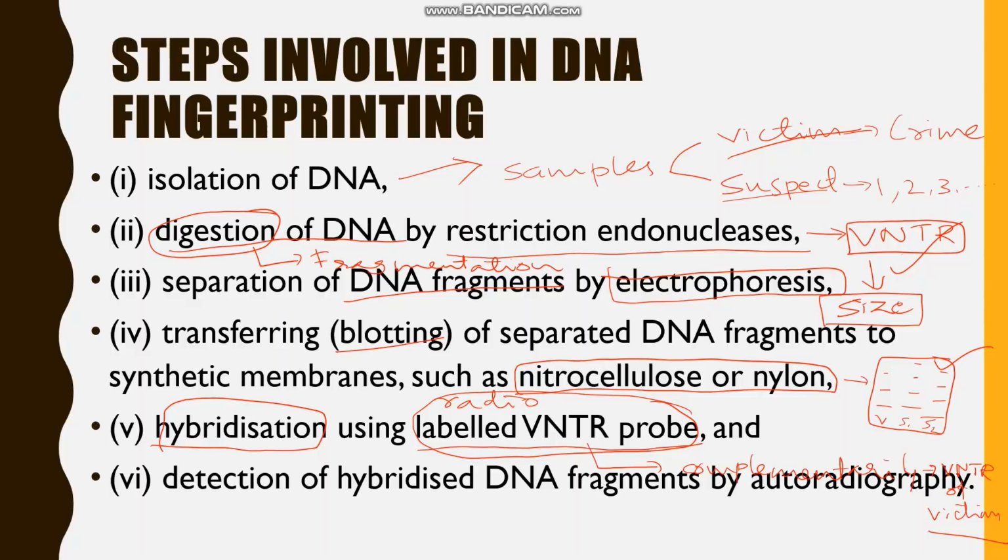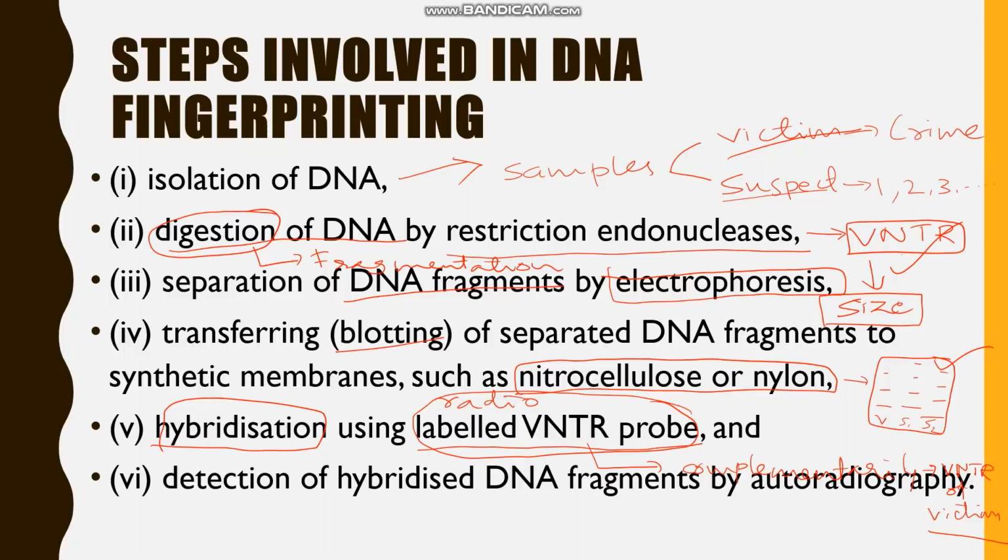If there is hybridization, such hybridized DNA fragments will appear in the form of dark bands. If similarity is found between the autoradiograph of the victim sample and the suspect sample, such a suspected individual will be considered the real criminal.